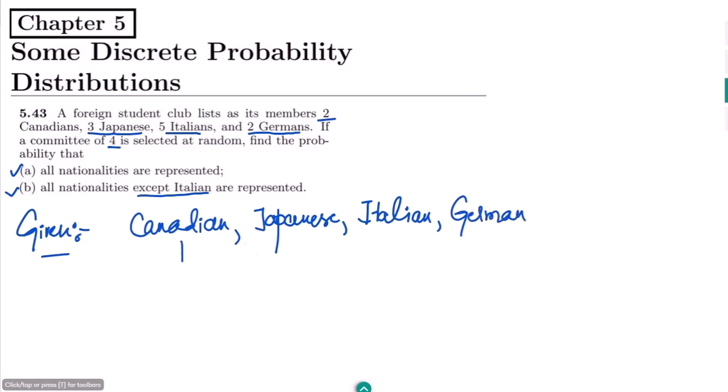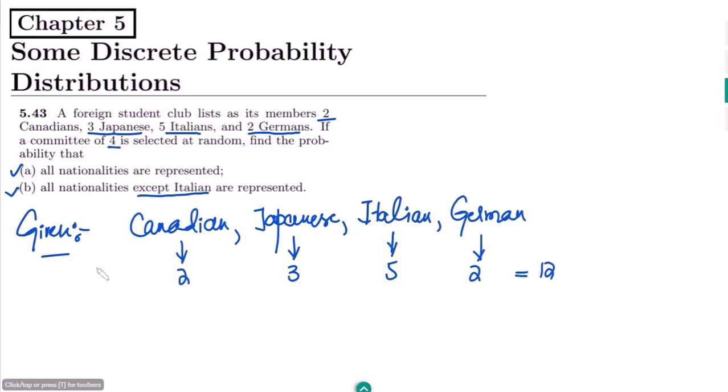Okay, so the number of Canadians are 2, the number of Japanese are 3, the number of Italians are 5, and the number of Germans are 2. So the total number of the members are 2 plus 3 plus 5 plus 2. So this is equal to 12. Okay, so 12 is the total number of members.